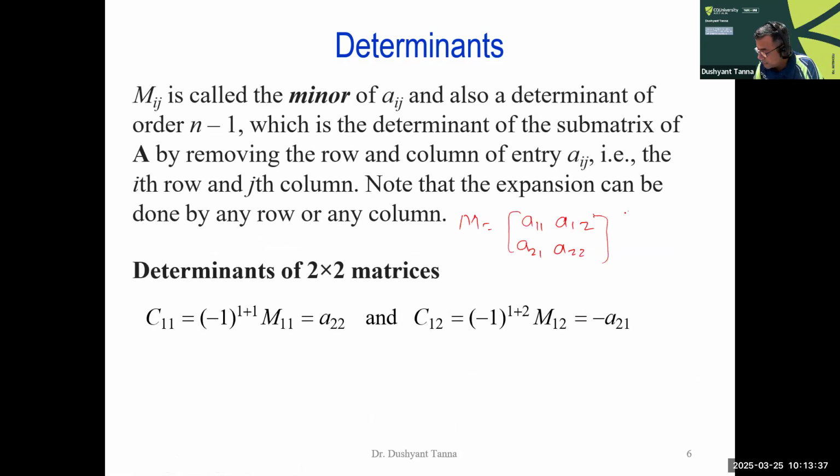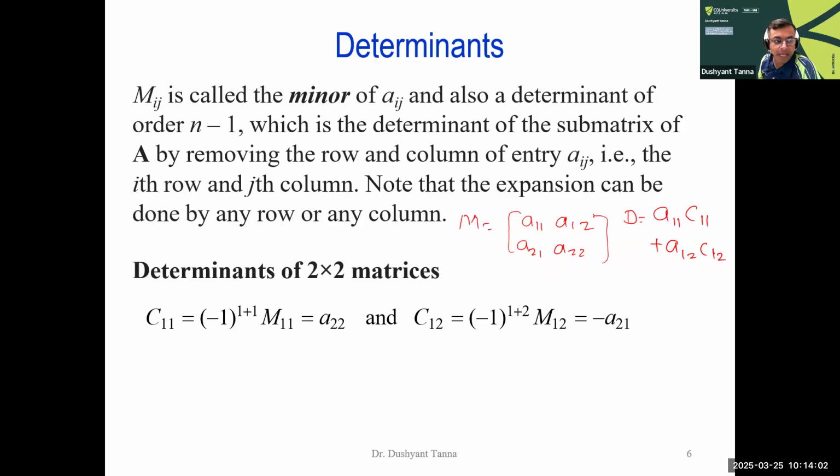So up here, the determinant D can be written as A11 C11 plus A12 C12. The first element A11 with its cofactor, plus the second element with its cofactor.